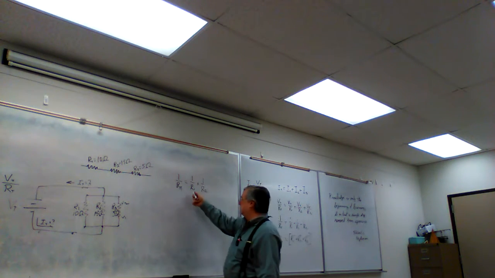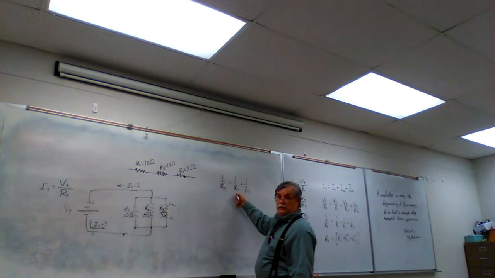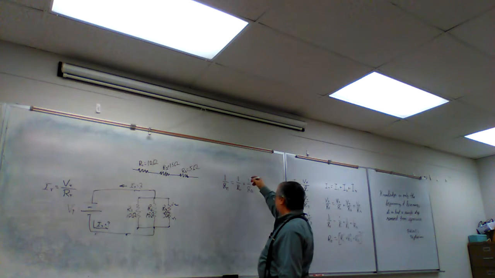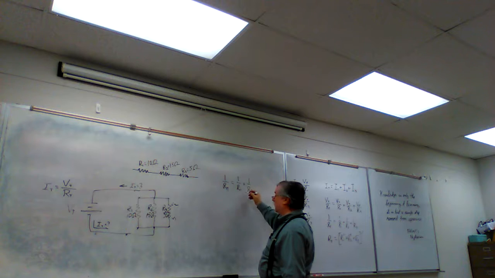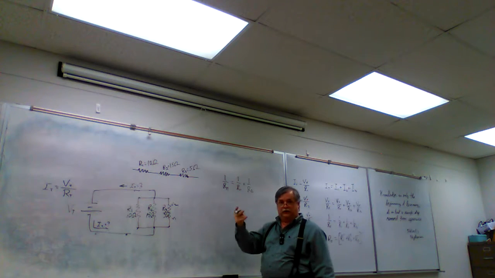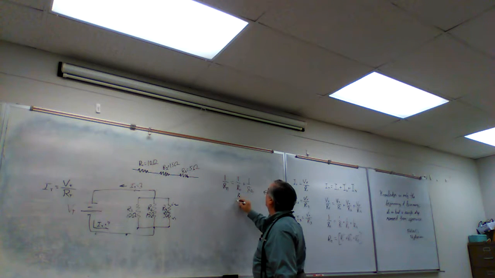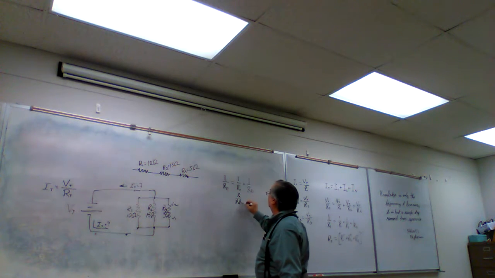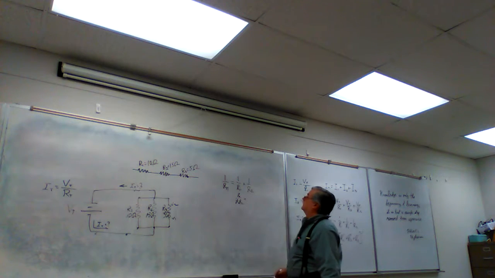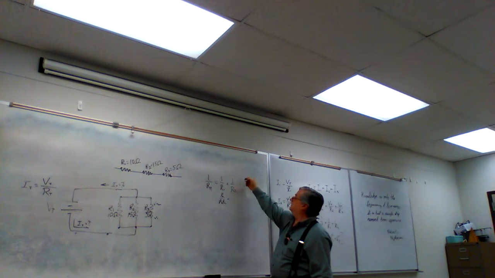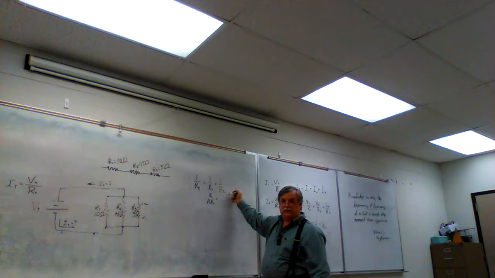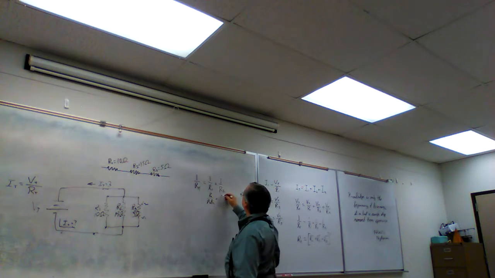We can multiply this term by simply R2 over R2, which is 1, since anything divided by itself is 1. So if we multiply this term by 1, we don't change anything. This one we can multiply by R1 over R1 by the same reasoning. We don't change anything.